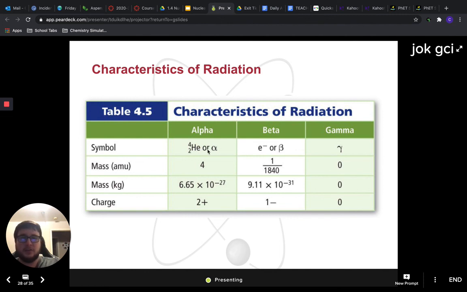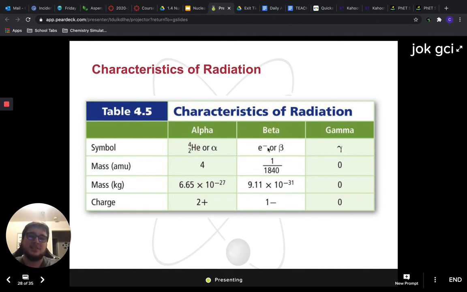Starting at the top right, you just loop, and it almost looks like an A, but it's Greek. So there are 2 ways that you can represent alpha radiation. If you see any of these symbols, then know that it's alpha radiation. It's a helium nucleus. It has a mass of 4, because 2 protons, 2 neutrons. And it has a charge of +2, because those 2 protons don't have any electrons to cancel them out.